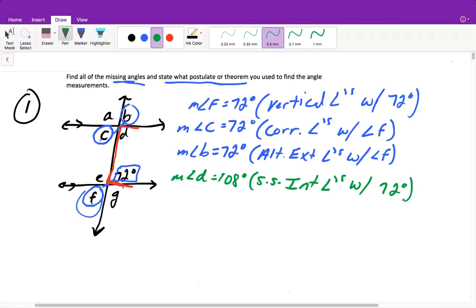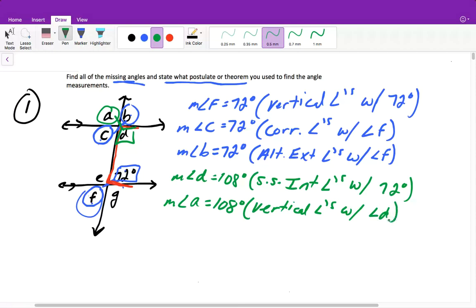You will have a name for this on your test, but for now we don't. So now I know the measurement of angle D. Now I can also solve for the measurement of angle A. I know that these are vertical angles, so the measurement of angle A is also equal to 108 degrees. And you can use different ways for this. It doesn't have to just be this one, but I'm putting vertical angles with angle D.